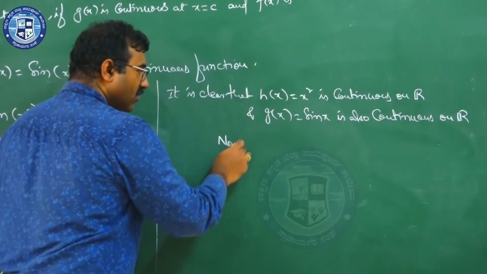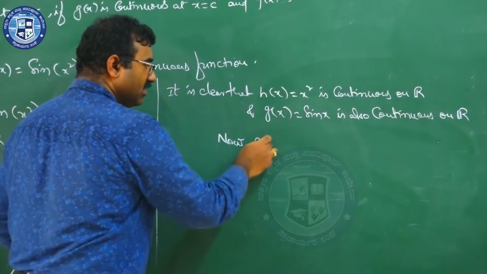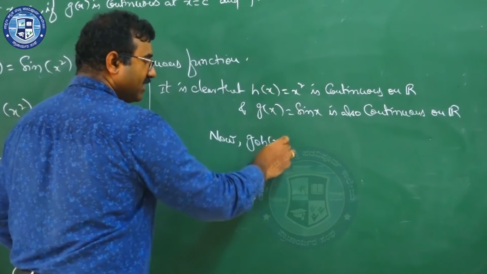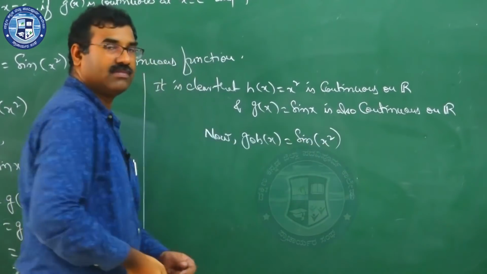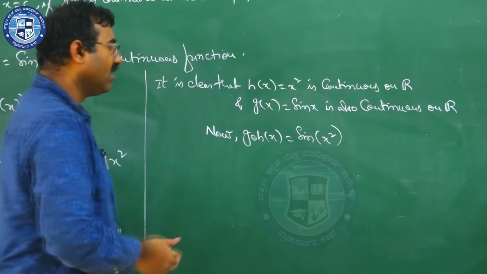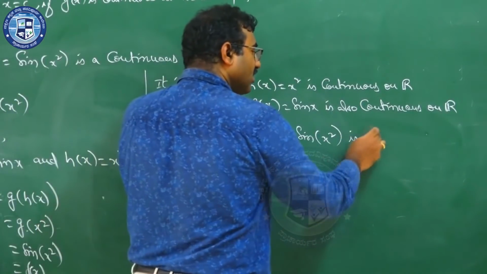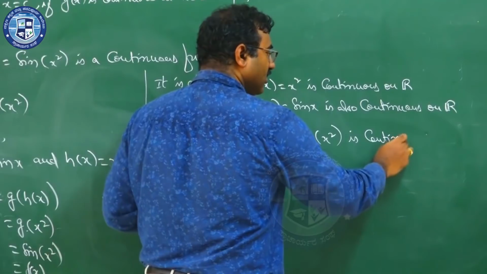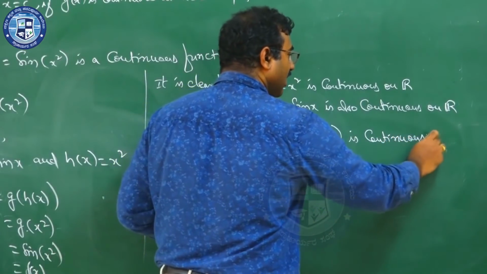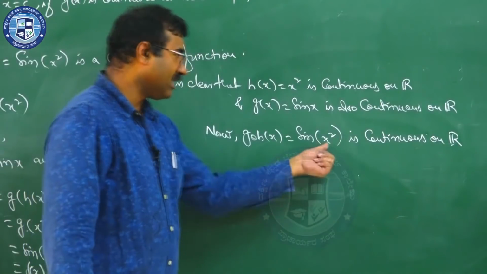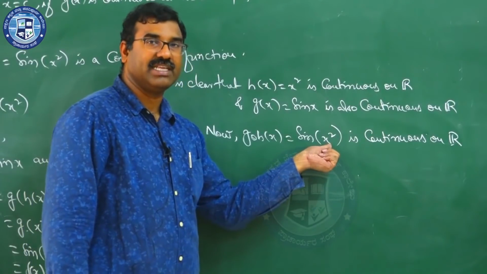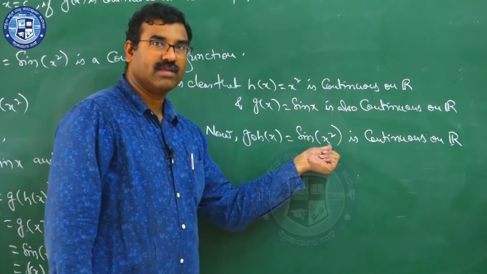Now the composition g composition h of x, which is equal to sin of x square, is continuous on R, because x square is continuous at each and every real number, right?